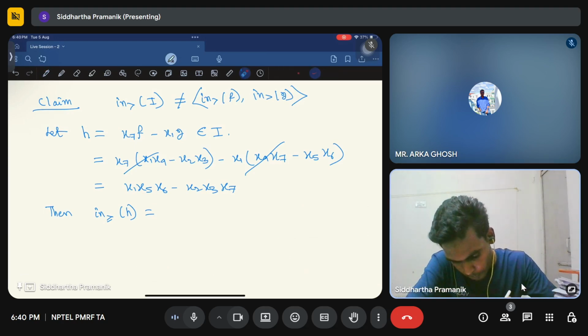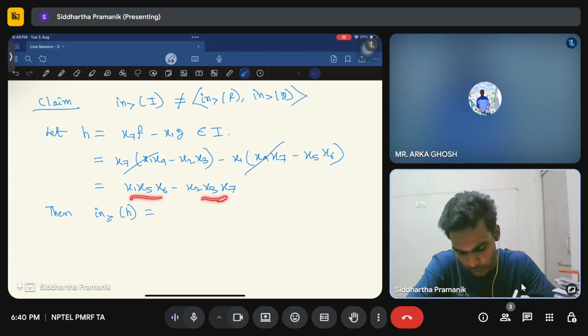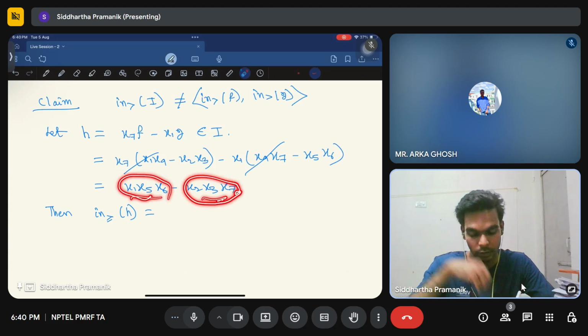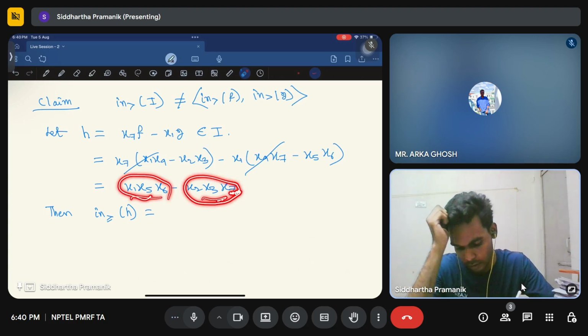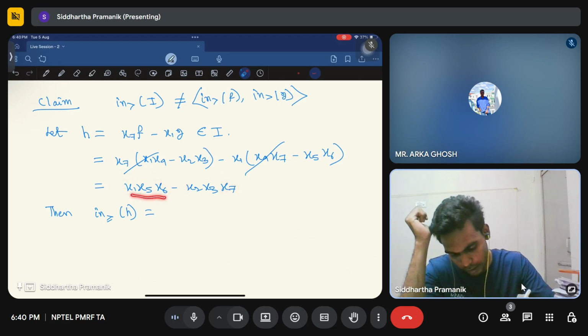So here we have two terms. We need to find which one is bigger. Here the total degree is 3, and here the total degree is also 3. So we need to check what happens in lex. If we take the difference vector, it is 1 starting from the first coordinate, and it is starting from the second coordinate.